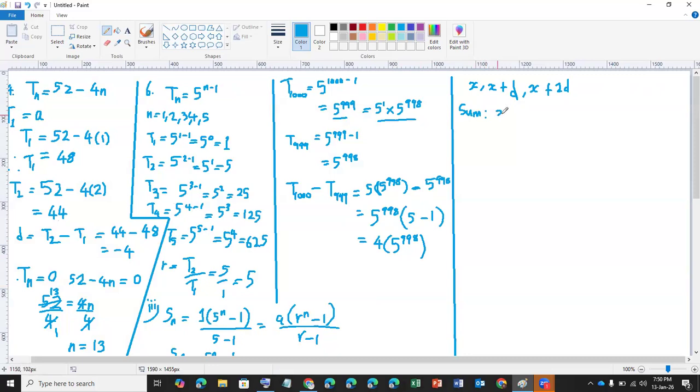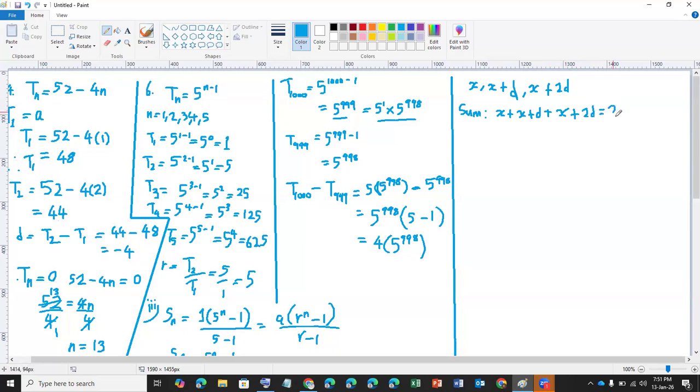So that's going to be x plus x plus b plus x plus 2b equals 27.